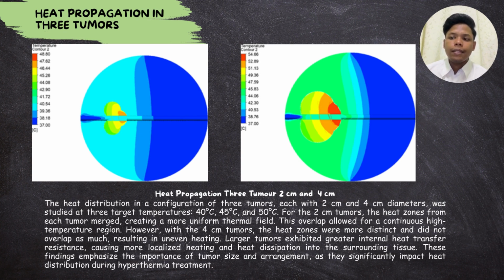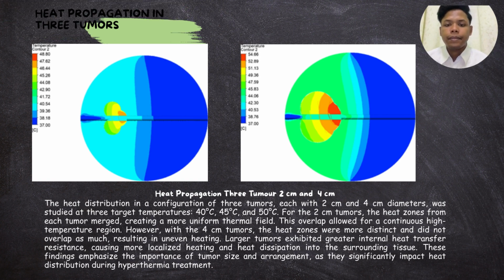Larger tumors exhibit greater internal heat transfer resistance, causing more localized heating and heat dissipation into the surrounding tissue. This finding emphasizes the importance of tumor size and arrangement, as they significantly impact heat distribution during hyperthermia treatment.